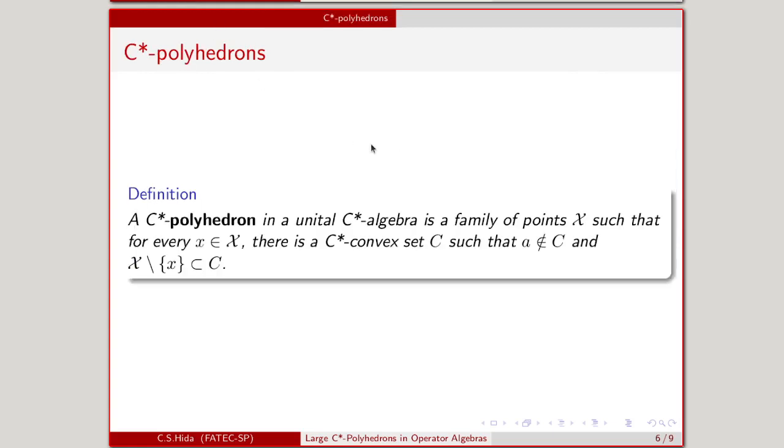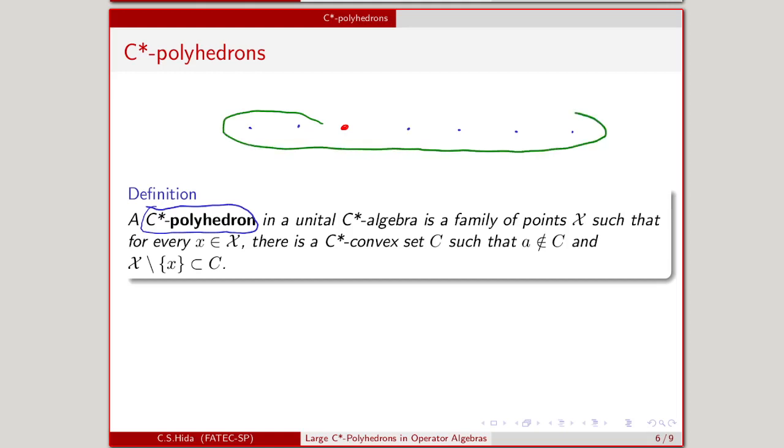Now we have this non-commutative version of convex sets, so we can define our object, which is the C-star polyhedron. The definition is exactly like the definition of polyhedron in Banach space, but we change convex sets by C-star convex sets. So a C-star polyhedron is a family of points in the C-star algebra so that every time you select one element, you can separate this element from the remaining ones by a C-star convex set.